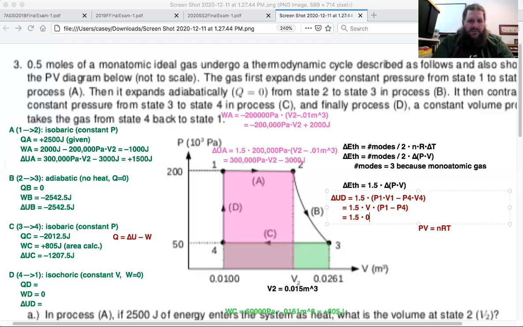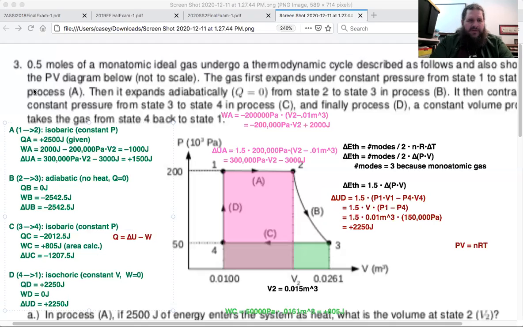And the volume is 0.01. Difference in pressure, final minus initial is 200 minus 50, so 150,000 pascals. And that is positive because we're doing final minus initial. So 1.5 times 0.01 times 150,000 is 2,250. So that would be the delta U for the process D from 1 to 4. And since there's no work, the heat is exactly the same, plus 2,250.